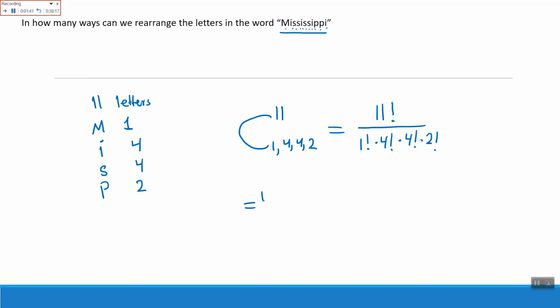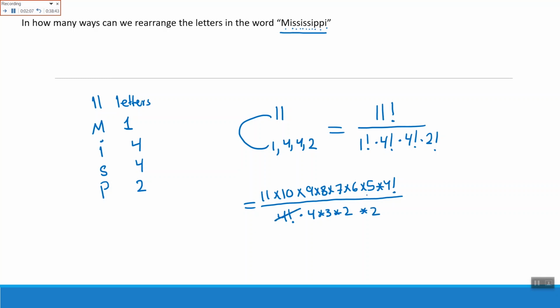Let's see. It's 11 times 10 times 9 times 8 times 7 times 6 times 5 times 4 factorial. I'll stop here. Over 4 factorial times 4 times 3 times 2, which is the other 4 factorial, times 2 factorial, which is 2. The 1 factorial is 1.